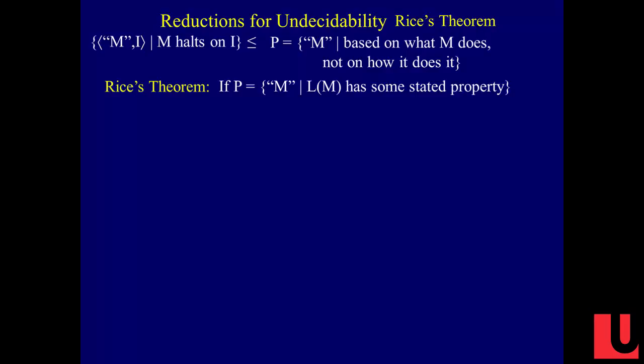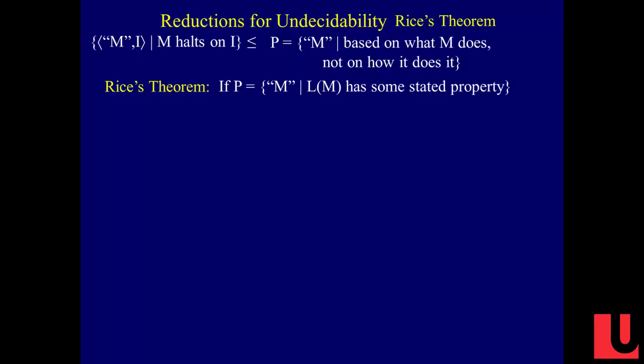I think one of the problems we were having last class is people are not differentiating between an individual string having, say, the 0 to the n, 1 to the n property versus the entire language having that property, versus a Turing machine having the property that its language has that property.